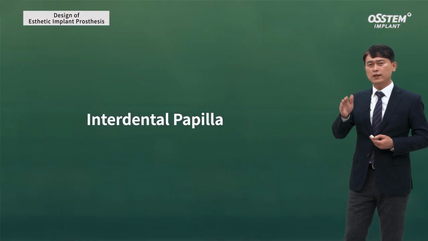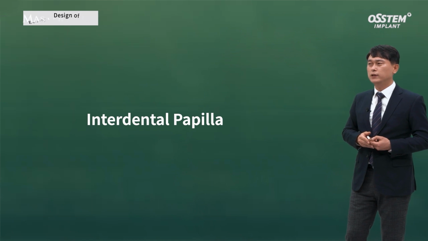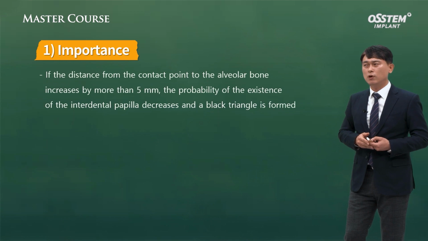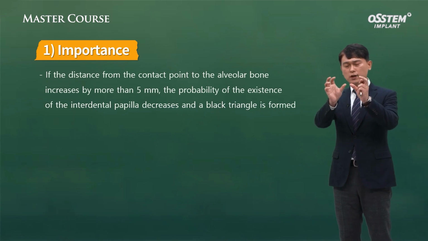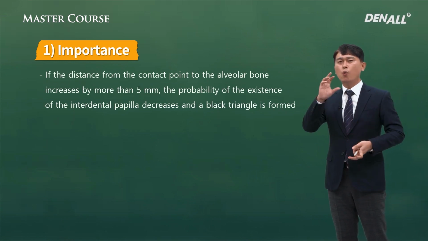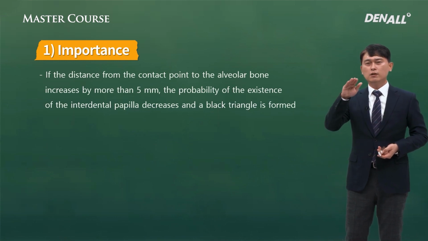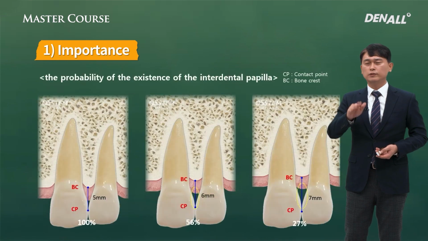Let me briefly talk about interdental papilla before I close. Interdental papilla can be maintained when the distance between the alveolar bone and the contact point of two teeth is less than 5 millimeters. If it is more than 5, let's see what happens.